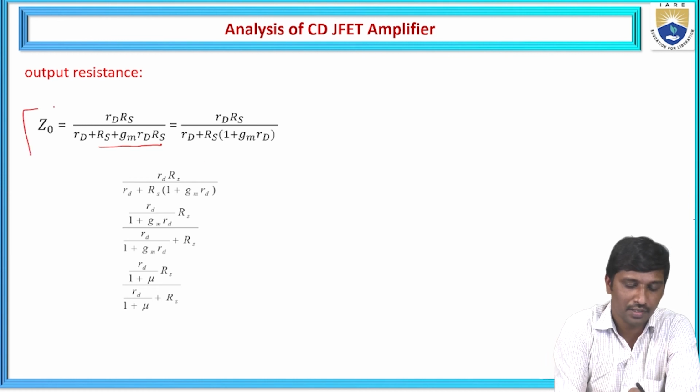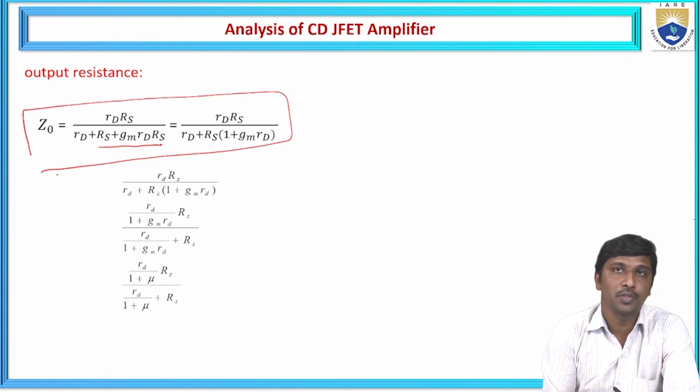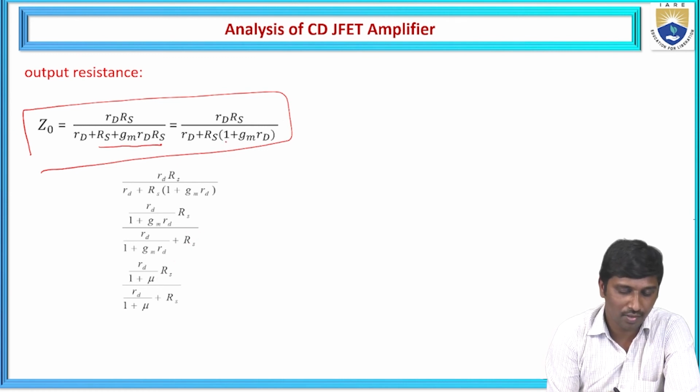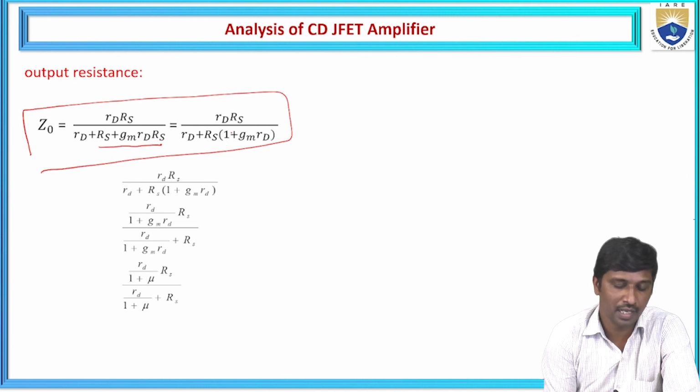This is also a valid relation for Z0. If you want to show it in terms of the amplification factor for a common drain amplifier, I'm going to take this common term in both the denominator and the numerator, so I'm going to divide with this factor in both.